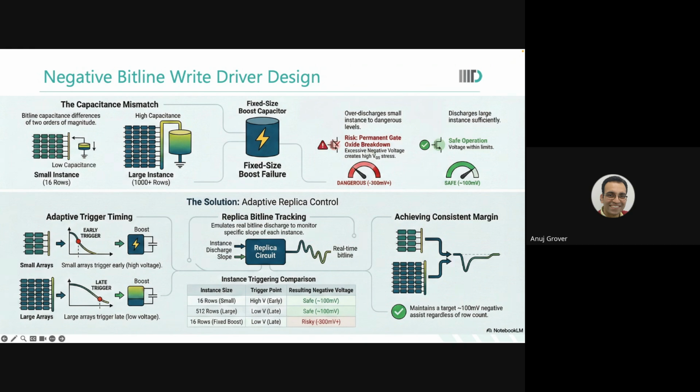What that means is that if I trigger my negative word line drive, my negative write driver, earlier than what my bitline needs, I will not be able to get the desired negative voltage on the bitline. So if the bitline capacitance already has a lot of positive charge on it, then whatever negative charge you throw from the write driver will not be sufficient to take it down to the level that you want to take it down to. Is that clear?